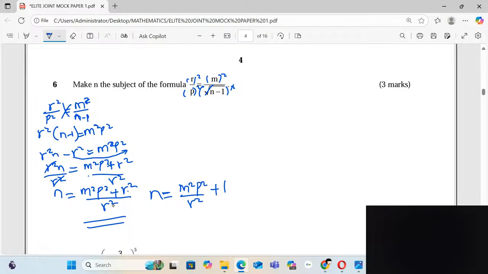The answers are the same. This and this are just the same thing. That is how you arrive at the value of n in making n the subject of the formula.